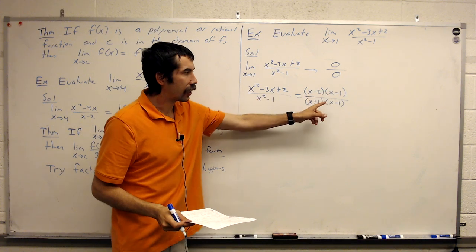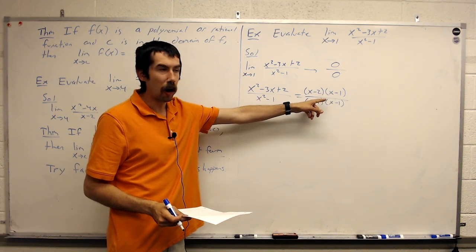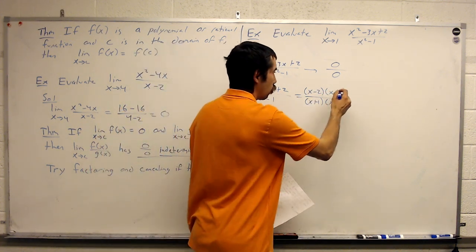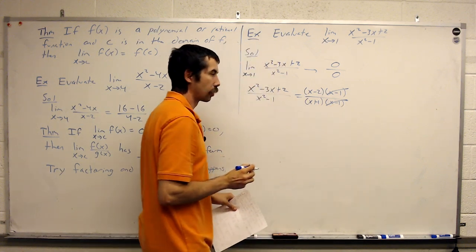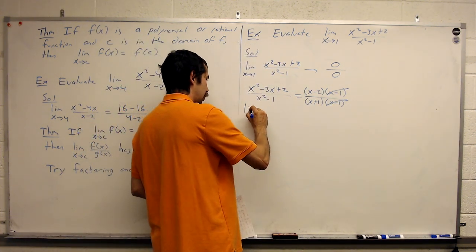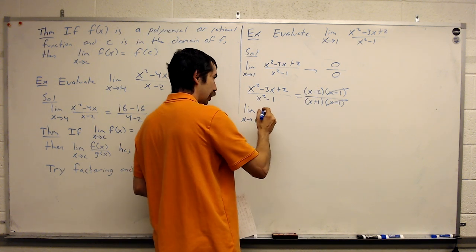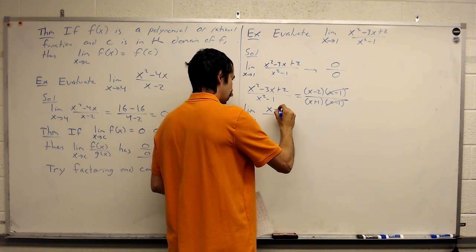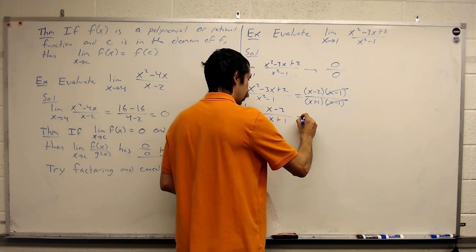And you could see there's an x minus 1 in the numerator and denominator. Those simplify to 1. And so now we could evaluate the limit as x goes to 1 of x minus 2 over x plus 1.